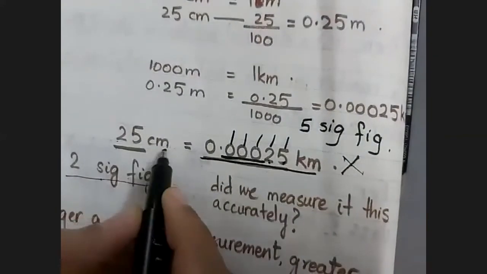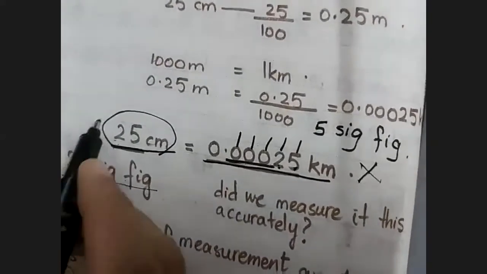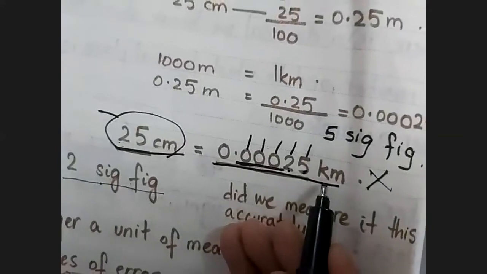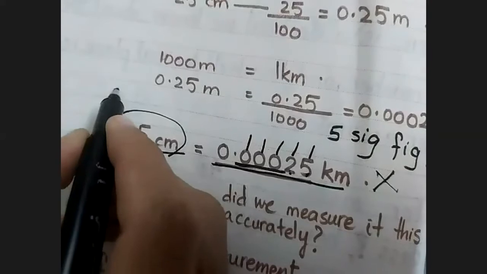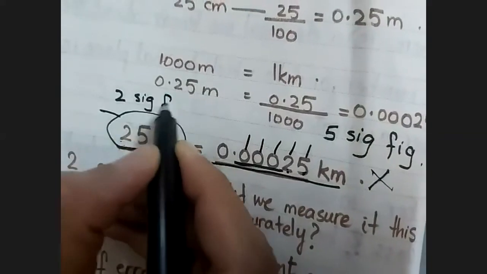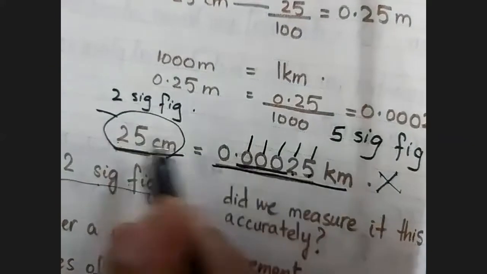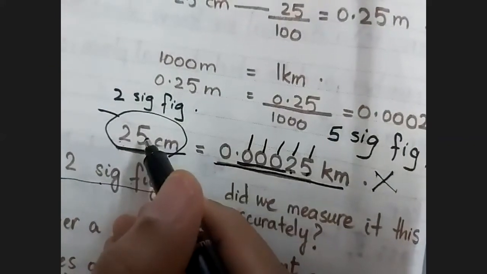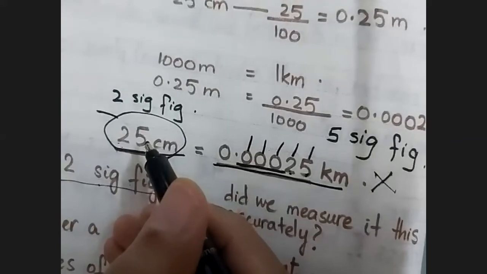But this 25 centimeters, which is your actual measurement, this you actually measured, this you got by conversion. This is your actual accuracy. Actual accuracy is only 2 significant figures. So how come you got a number which is more accurate than a less accurate number? You cannot get a more accurate number out of a less accurate number, can you?